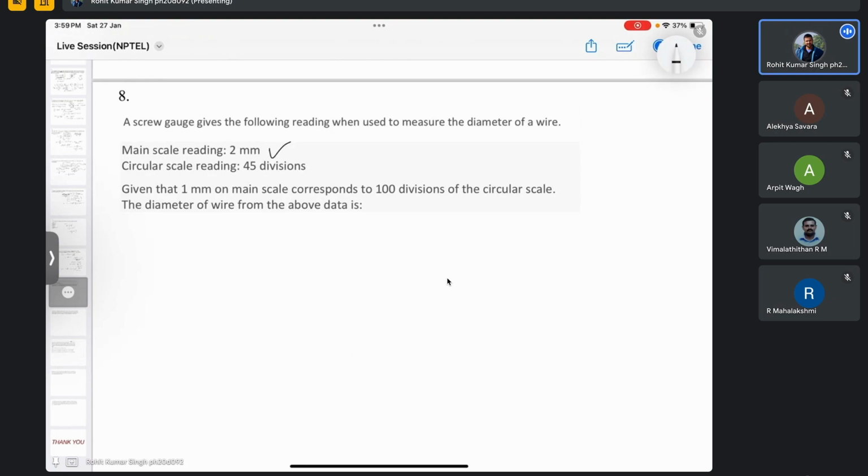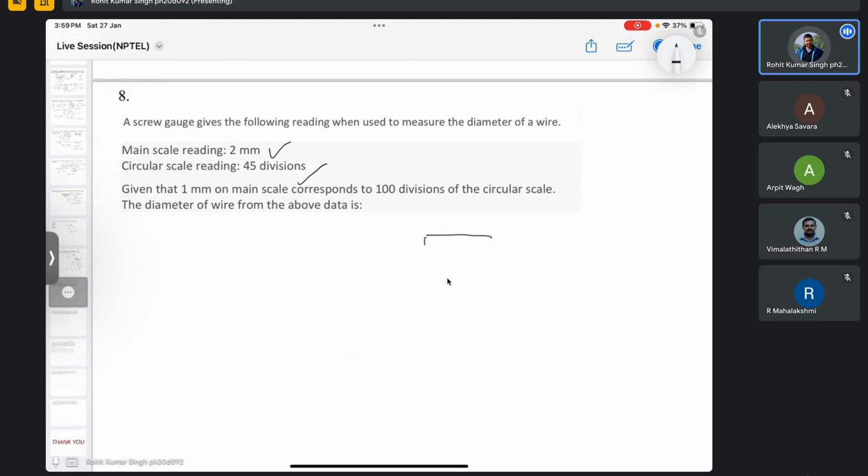The screw gauge has a main scale which is linear, and then there is a circular scale which has some divisions. Here the circular scale reading is 45 divisions. Then it is given that 1 mm on the main scale corresponds to 100 divisions of the circular scale.